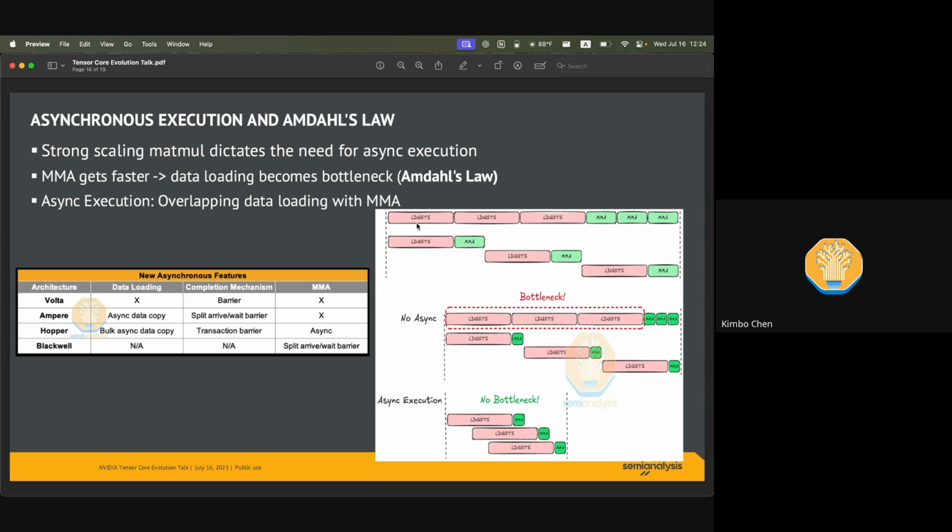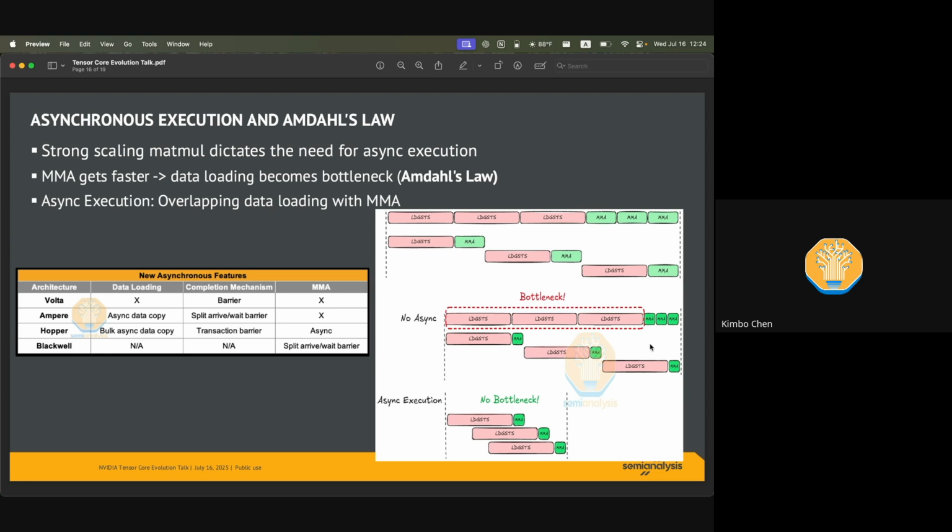LDGSTS, the red boxes, are basically data loading, and the green boxes are the MMA operations. If we try to improve our strong-scaled MMA, in this case Tensor Core throughput has been doubling very fast, the dark green boxes have shrunk by quite a lot. But as we do so, data loading would become a bottleneck very quickly.